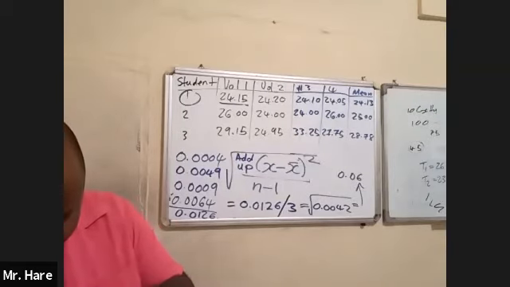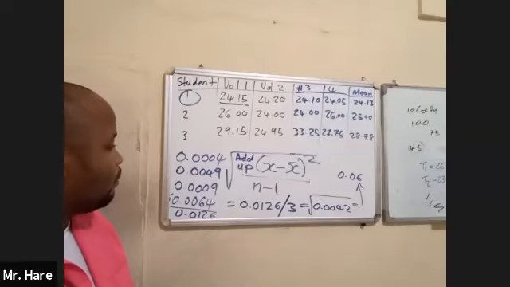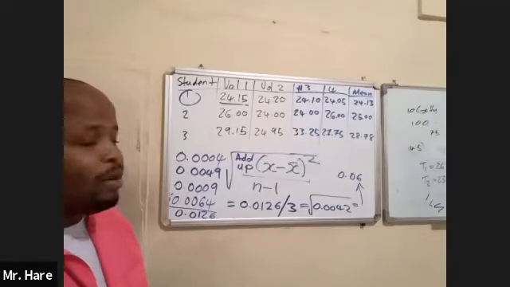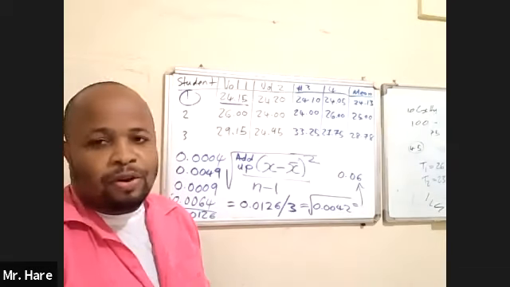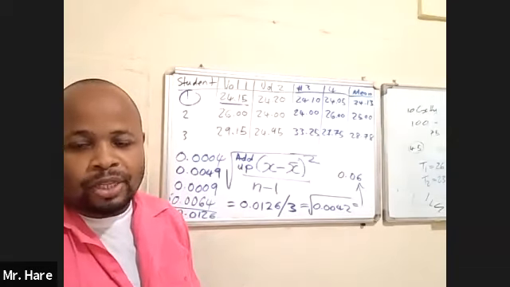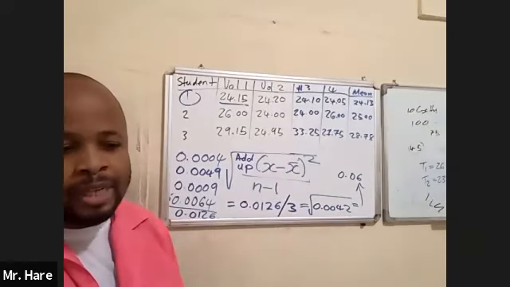Sir, when I type it in my calculator, I'm getting a fraction. I don't know how to fix it. Press SD. Look for a button close to the S, yeah, press SD.